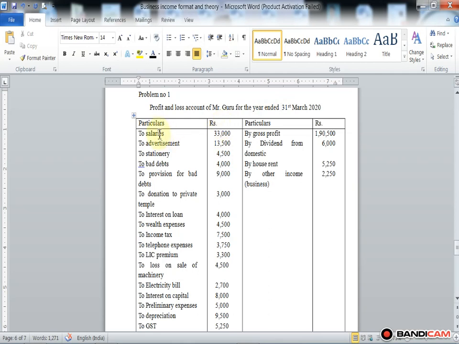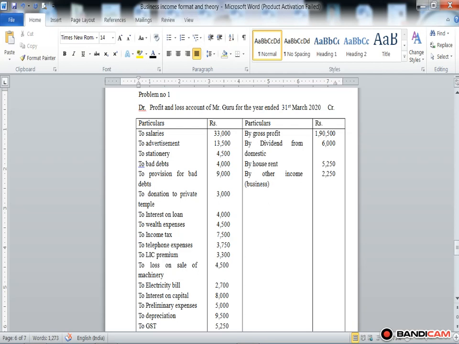Here, particulars and rupees, these are the debit side, and this is the credit side. Credit side is income and debit side is expenses.